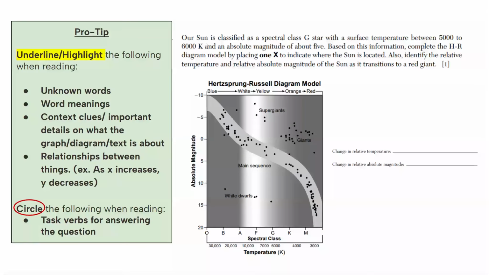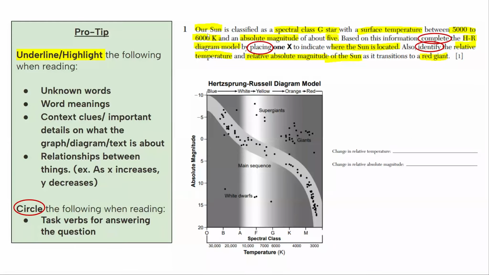Next, it says, I'm going to do this again. Number one, our sun is classified as a spectral class G star with a surface temperature between 5,000 to 6,000 K, or Kelvin, and an absolute magnitude of about 5. So our sun, I highlighted this because, okay, this might give me a context clue on what this whole paragraph or question is about.